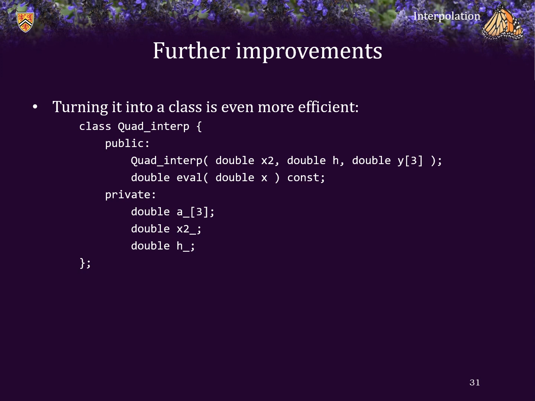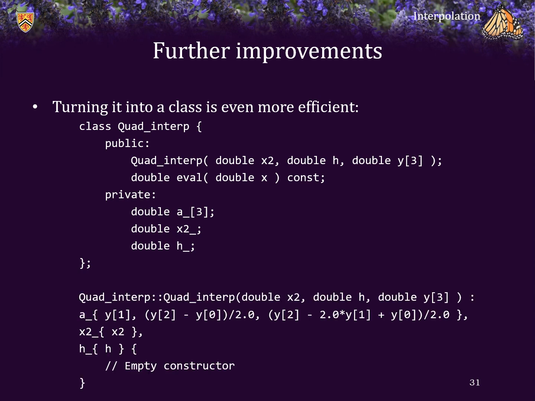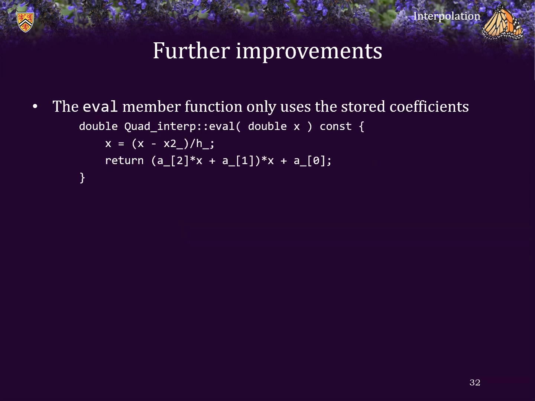We have two public member functions, one for generating it and then another one for evaluating it. Consequently, the constructor calculates all of the coefficients and saves the relevant information. Consequently, the eval member function only needs to access the previously calculated and stored coefficients, thus once again making this significantly more efficient.